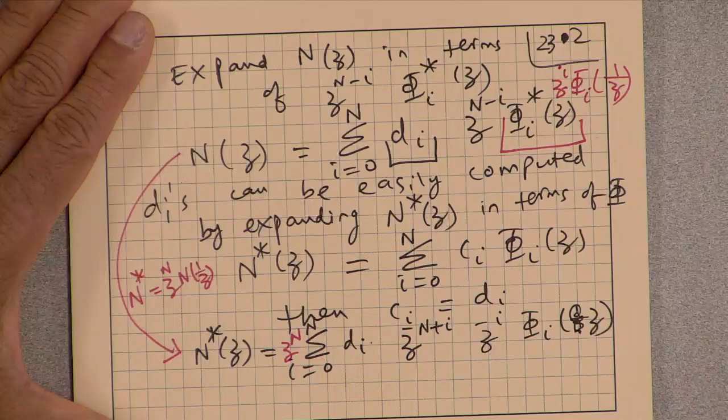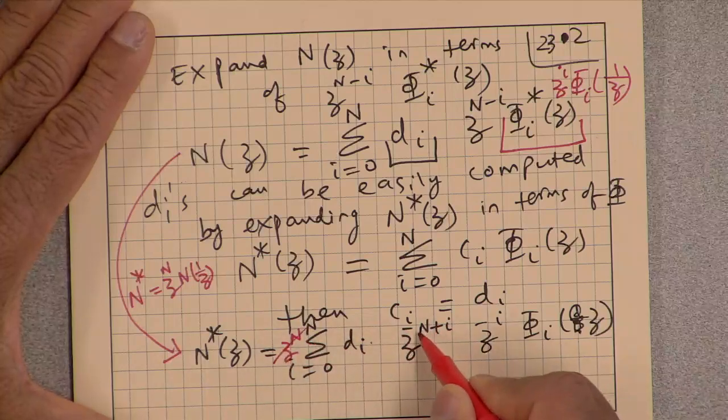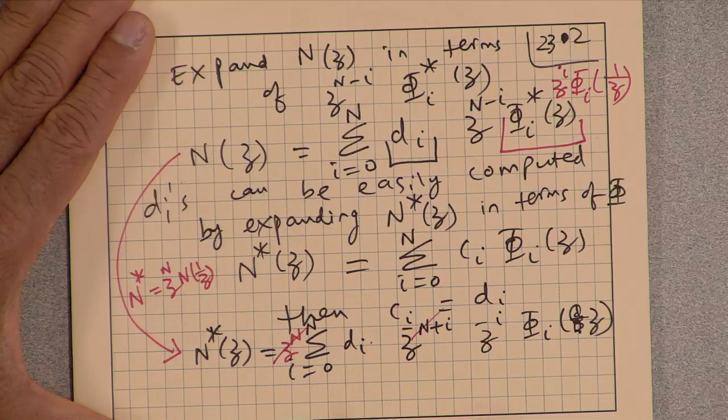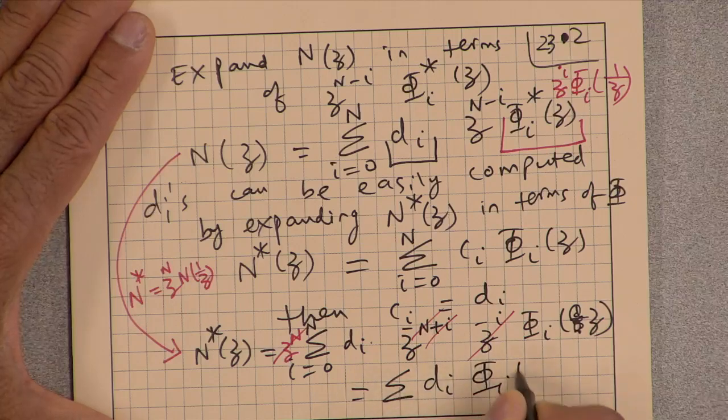Okay, so let's see what we have accomplished so far. So z to power n cancelled out with minus n, z to power I cancelled out with minus I, and we are finally left with this is equal to di phi I z.